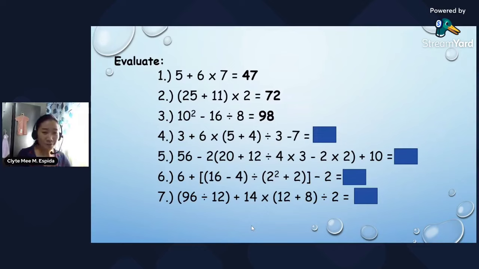Let's have number 4. 3 plus 6 times the parenthesis of 5 plus 4, close parenthesis, divided by 3 minus 7. Okay, let's have number 4. Leonardo, 14. Joe Pai, 25. Okay, let's wait for the others. Jenny, 11.